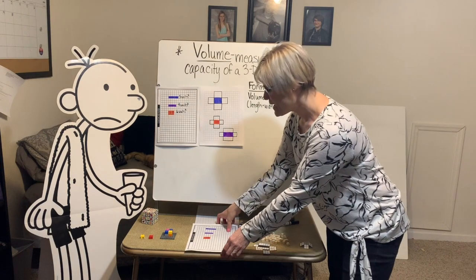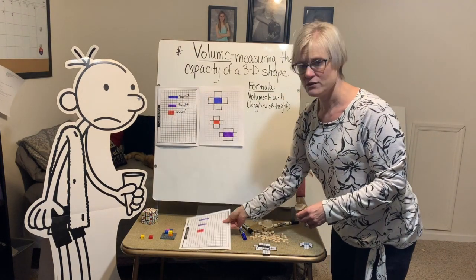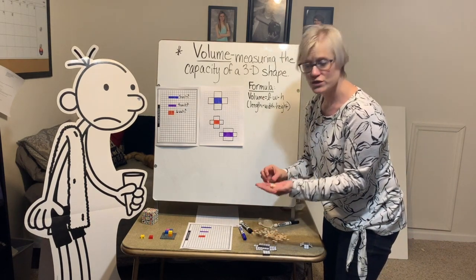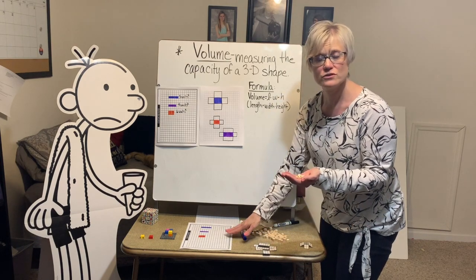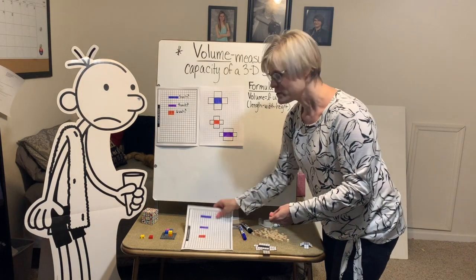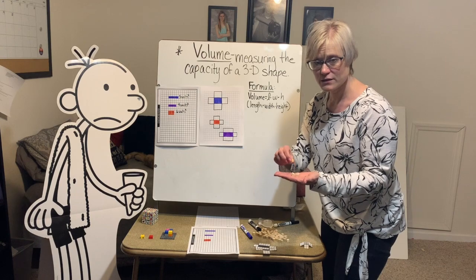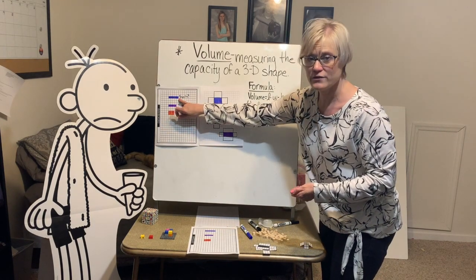Okay, so I have a copy of that centimeter grid paper. I've got it here on my table. Now I have some little wooden cubes, and I'm going to use those in order to show you the difference between area and volume. So I've got my centimeter grid paper, and I'm going to place these cubes on top of my 5 square units.